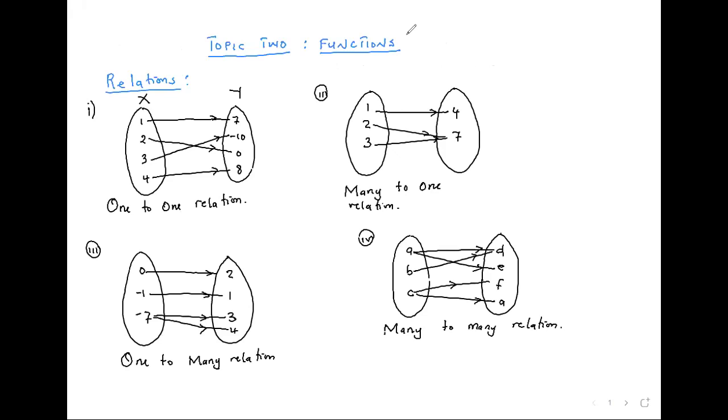So the first one is a function. The second one, each element of the domain is mapped. So this is the domain, and this is the range. Each element of the domain is mapped to an element in the range, and each element is only mapped to one element on the right. So it is a function.